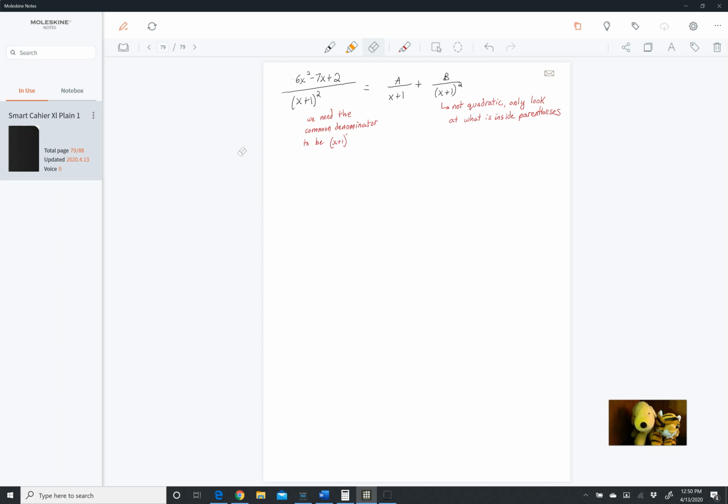Which is why we divide it up this way. Okay. But then when we figure out the numerators, we're looking only at what's inside the parentheses. Inside the parentheses is something that's linear. That's why we have a b here. Let's take another example.